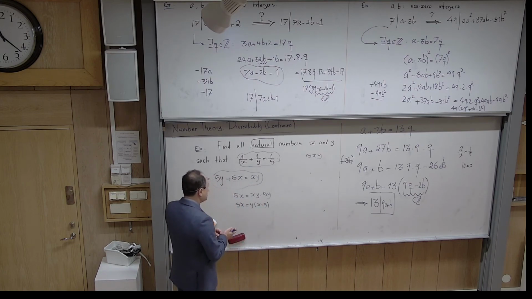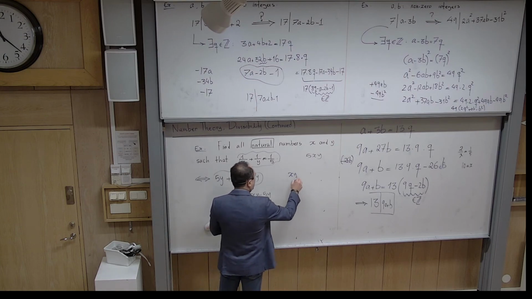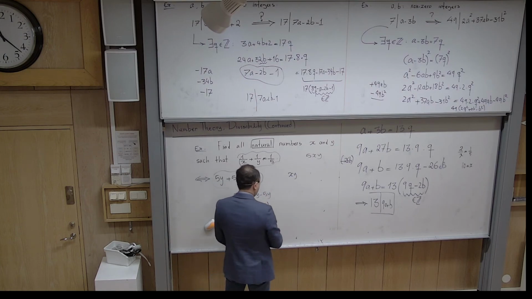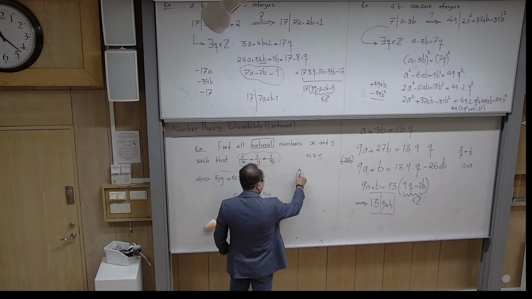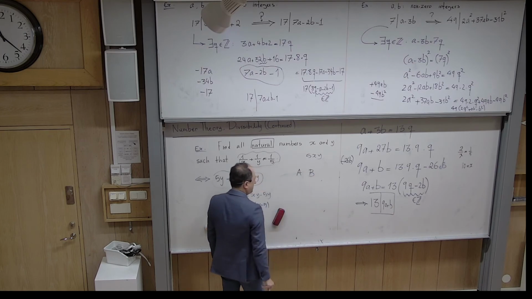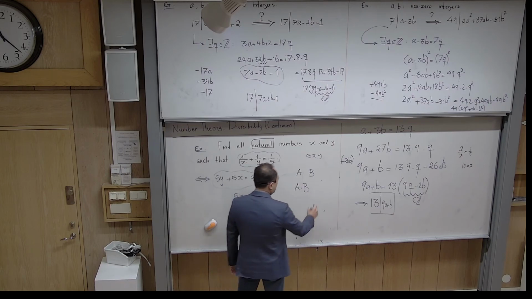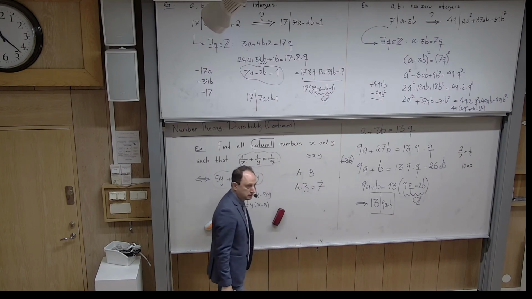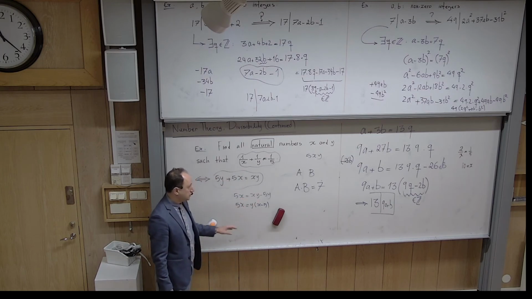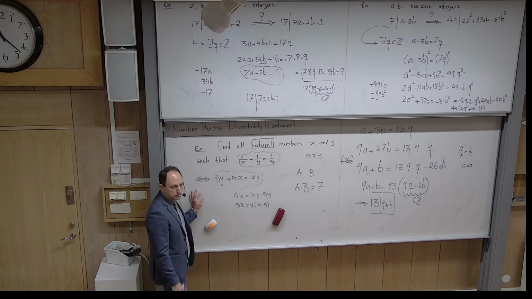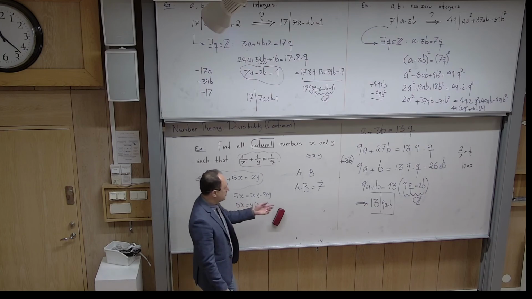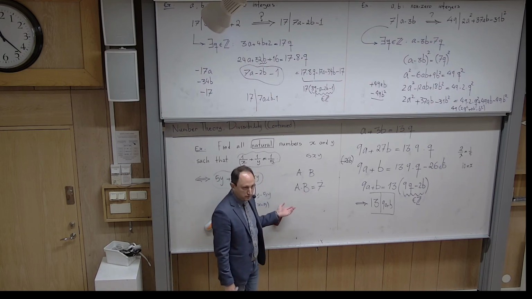something is clear. So if I ask you x and y are natural numbers, let me change my letters. So I give you a and b are natural numbers. And then I tell you the product of a and b is, I don't know, equal to 7. Then it is not hard to find all a's and b's. Because you ask yourself, I want to write 7 as a product of two numbers.